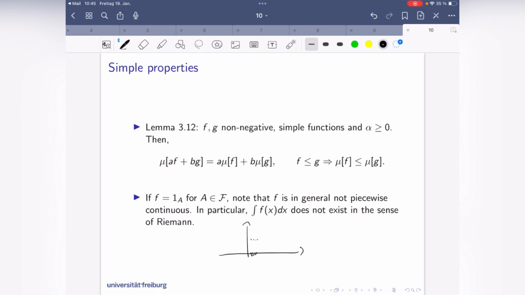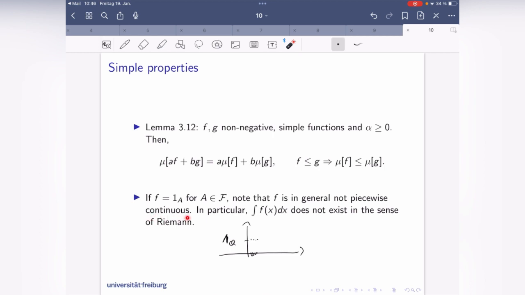So the indicator function of Q, I cannot draw this because I need countably many points here on top and I need uncountably many points on the bottom. And between any two rational points, I have one which is irrational, and also the other way around. So I cannot draw this, but you know what I mean. So if the position here is rational, I have a 1. If it's irrational, I have a 0. That's a very irregular function, which is not piecewise continuous.